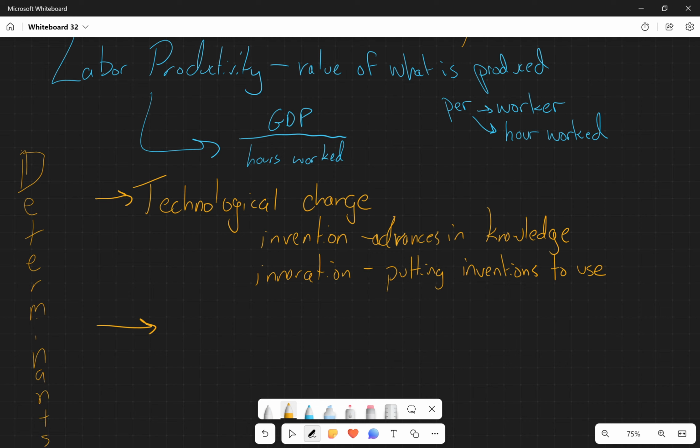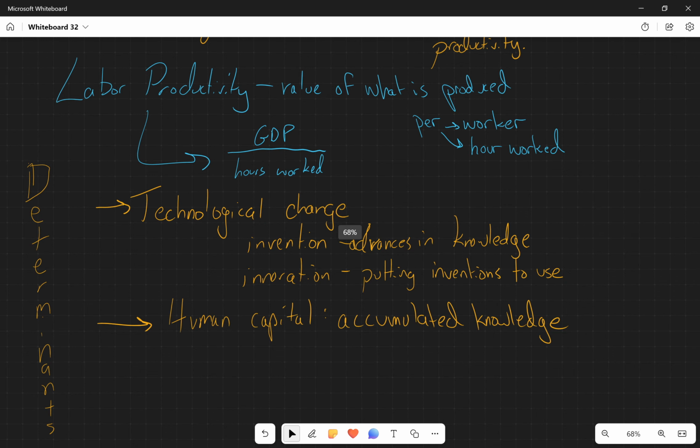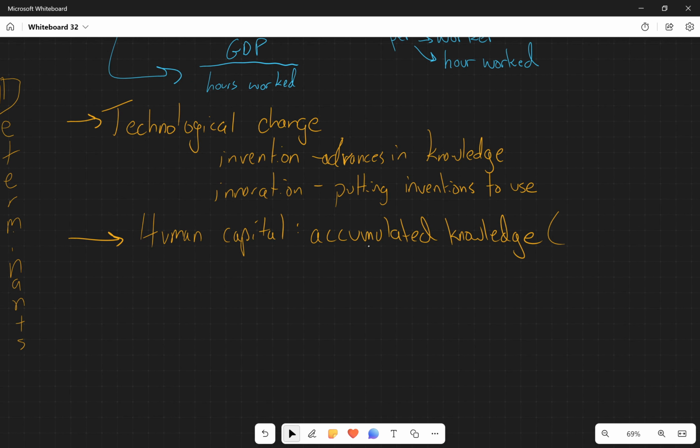So the next one would be our human capital, a term that you will hear thrown around a lot in economics. We are all investing in our human capital by being here today, right? Human capital is the accumulated knowledge. Now, this knowledge may come from education, right? That's why we're here right now, getting a degree. It may also come from experience, right?